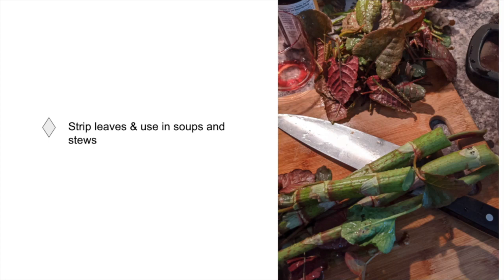But they are delightful in soups and stews and hide very well to where you don't even know that there are wild foods in your food. So you can toss a few handfuls of the leaves. I believe I chop them up a little bit so that they're smaller and just put them in the soup water to cook.